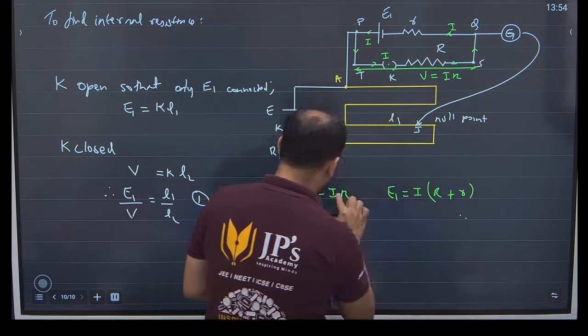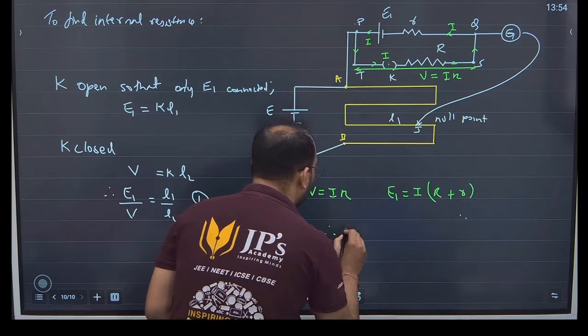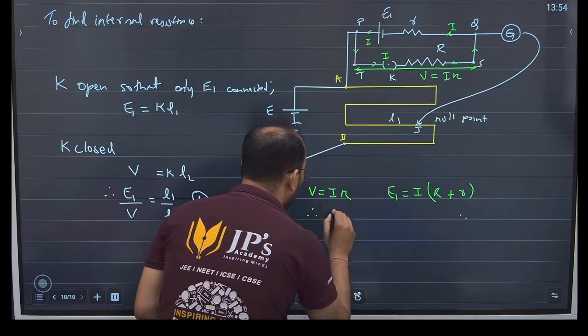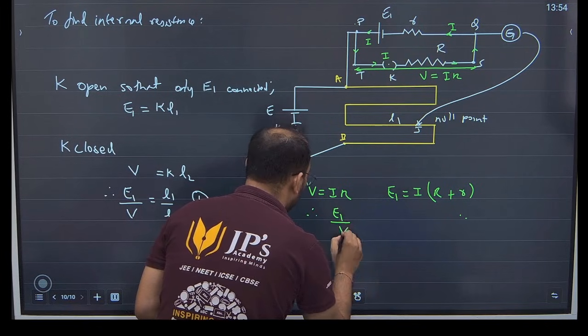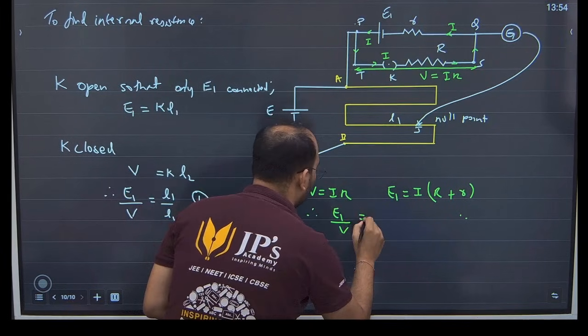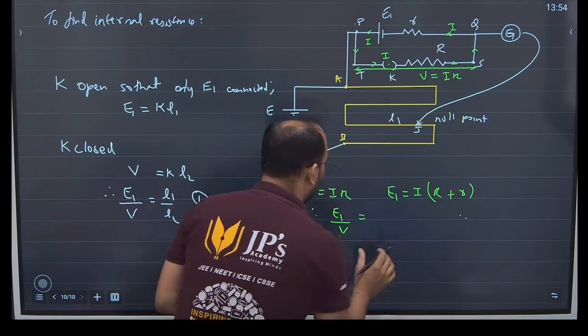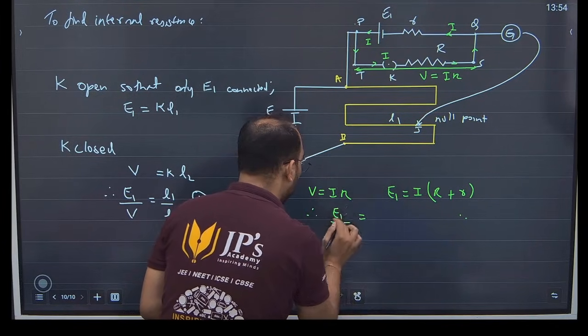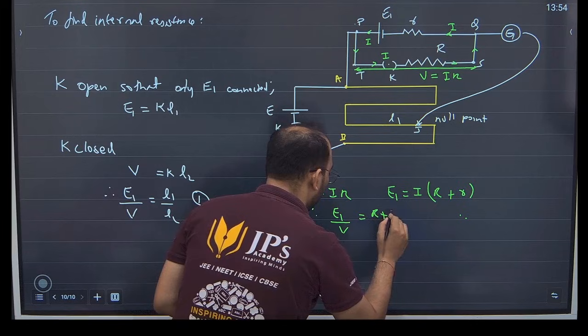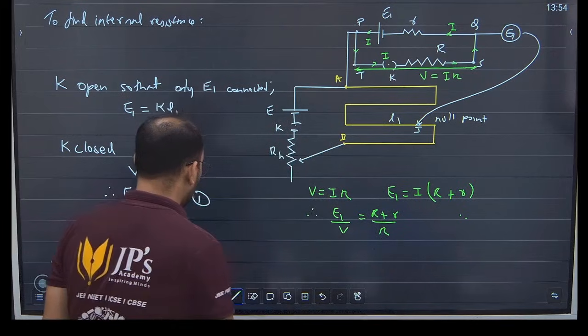Then divide these two: the I and I cancel, and you get E1 by V equal to R plus r upon R.